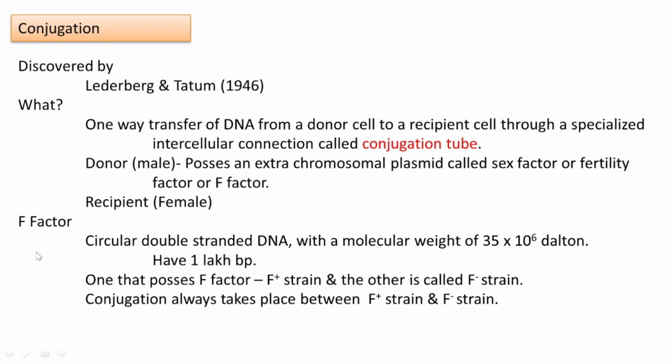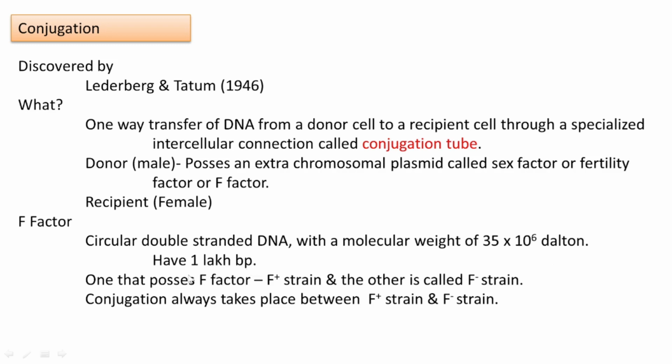Okay, then what is this F factor? This F factor is also a circular double-stranded DNA that stays apart from the main bacterial chromosome. It has a molecular weight of 35 × 10^6 Dalton and 1 lakh base pairs.